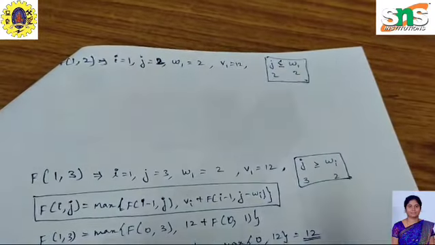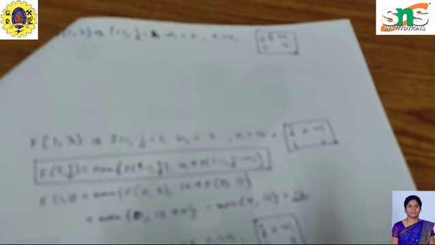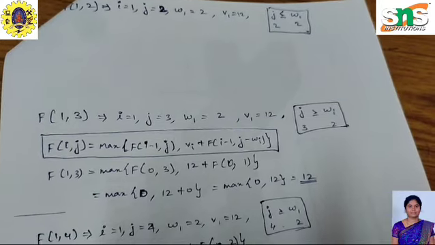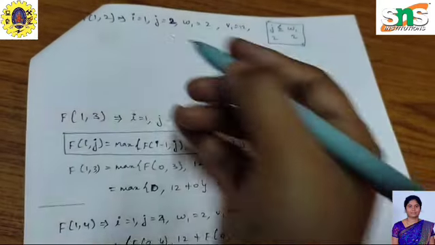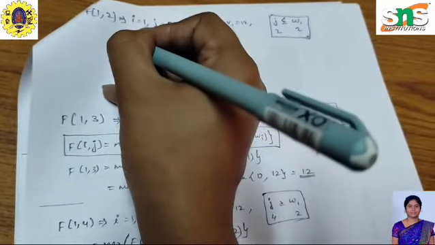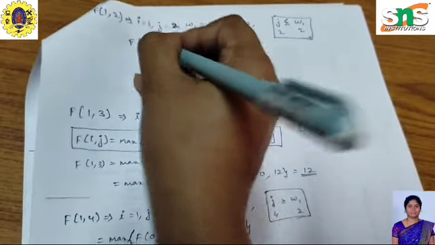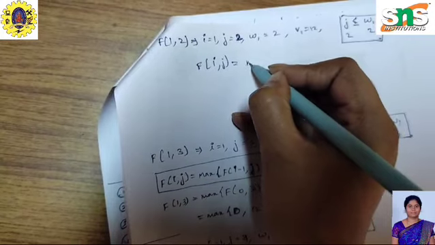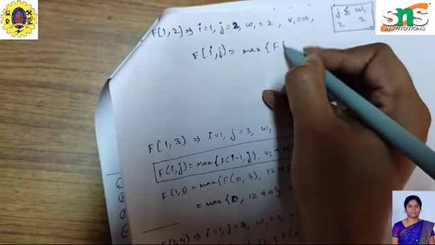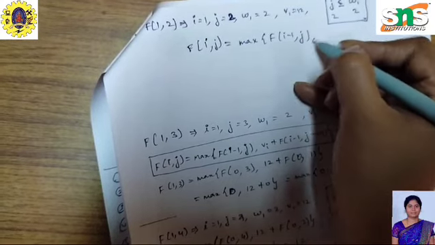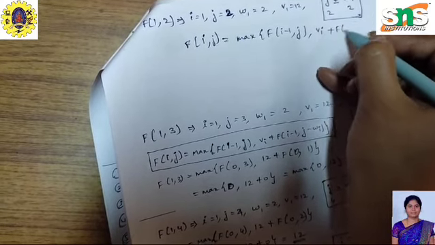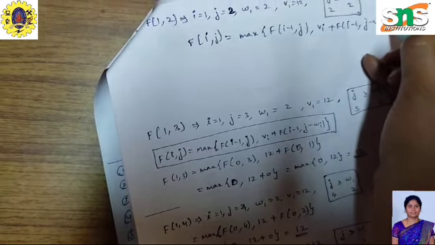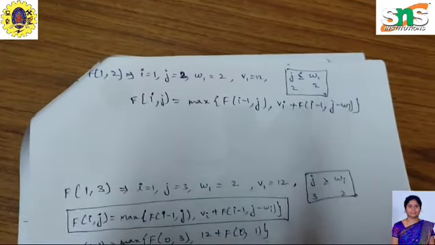For this I am supposed to substitute the formula: f of i comma j equal to max of f of i minus 1 comma j, and vi plus f of i minus 1 comma j minus wi. So this is what we have to calculate.